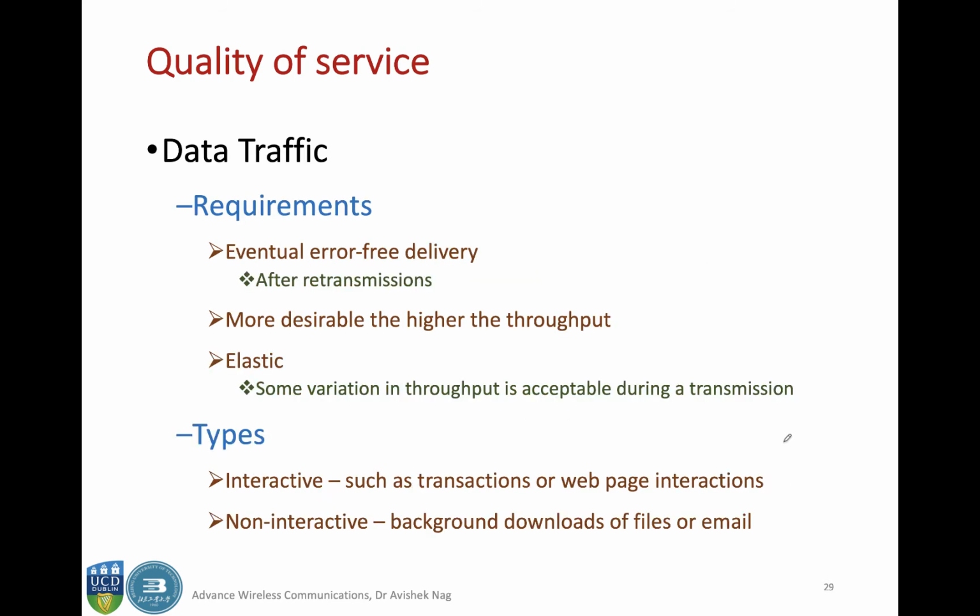So for example, in data traffic, all you need is an eventual error free delivery, okay? Even if that means that there are some retransmissions involved, and that can also allow some variation in throughput during the transmission.